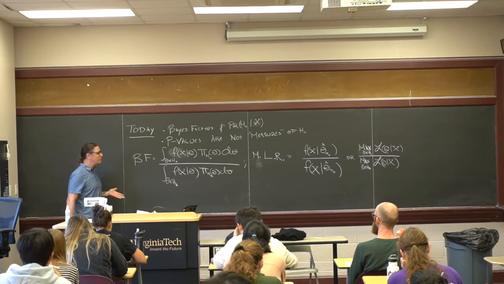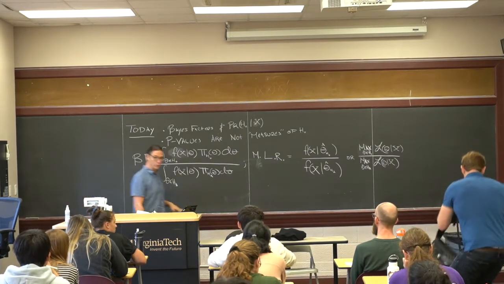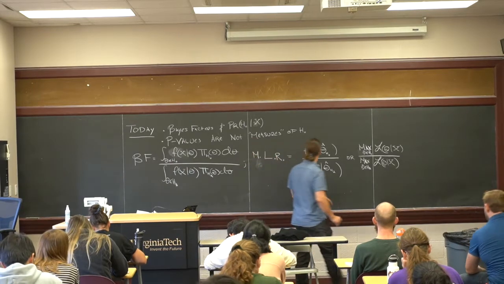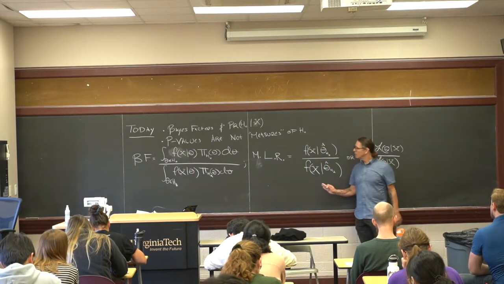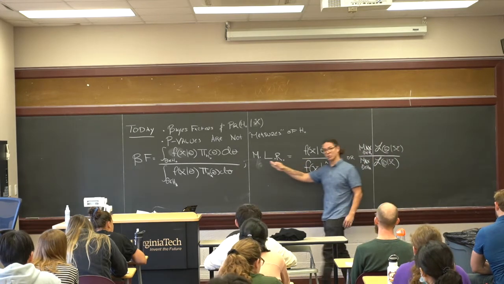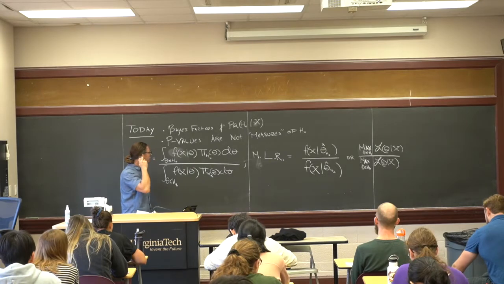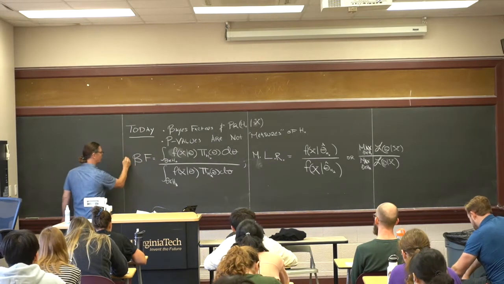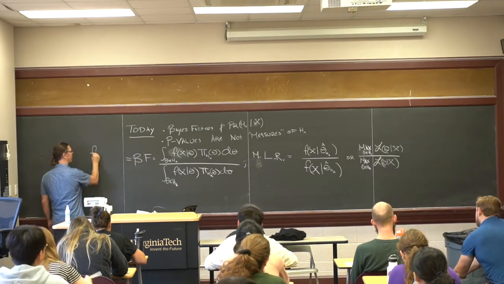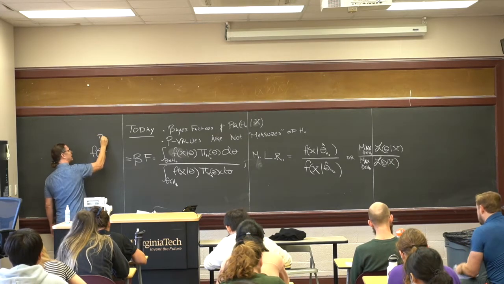Okay, so two things that we've looked at so far are the Bayes factors and the max likelihood ratio test. So you might consider this right here an approximation for that. And we talked about that last time. And so what is the Bayes factor? If I really just write this out, it's just f of x, the data, that's all of your data.